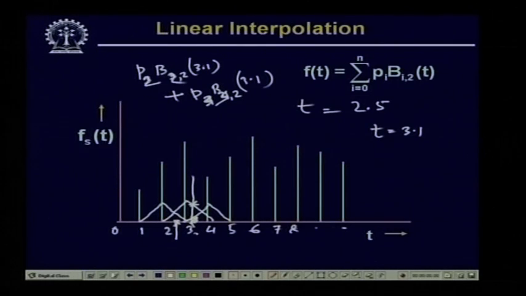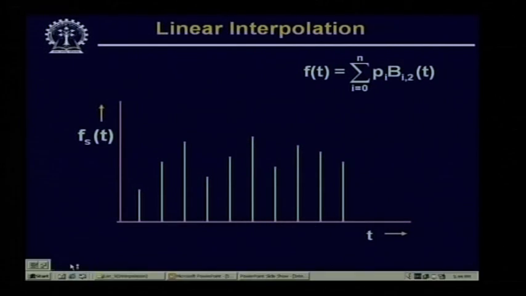So, when I am interpolating at 3.1, I am giving less weightage to P 3, which is nearer to this particular point t equal to 3.1, and I am giving more weightage to this particular point P 2, which is away from 3.1, which is not very logical. So, in this case, we have to go for some modification of this interpolation function.